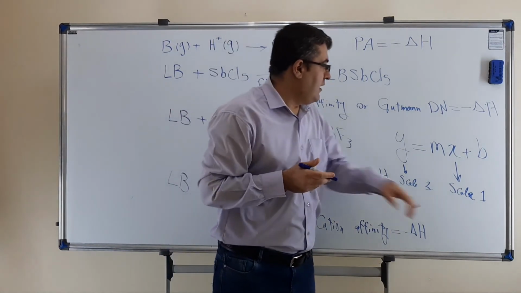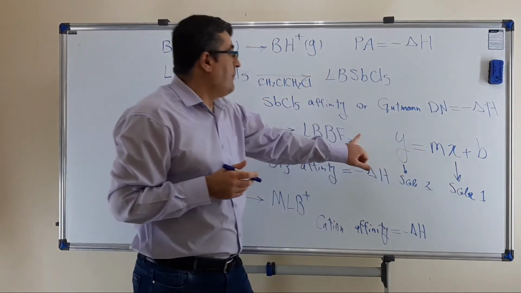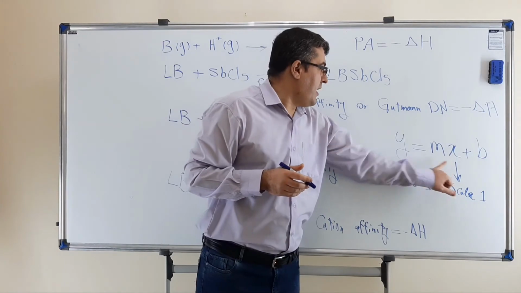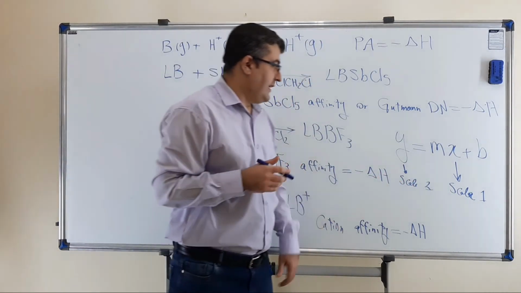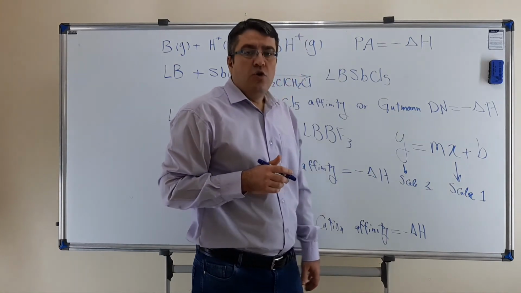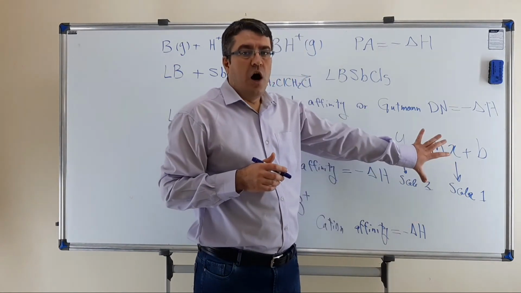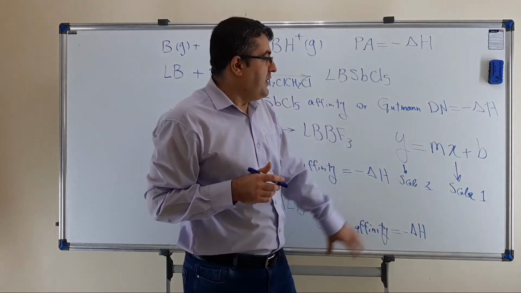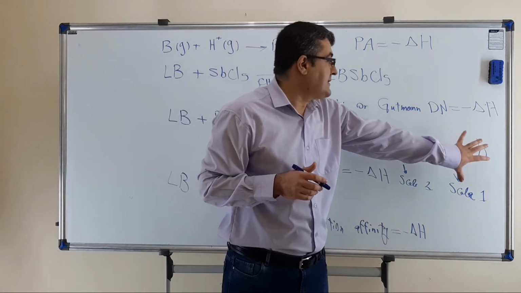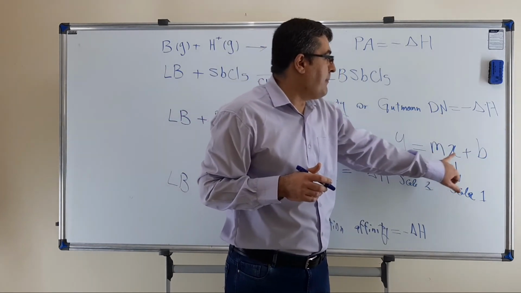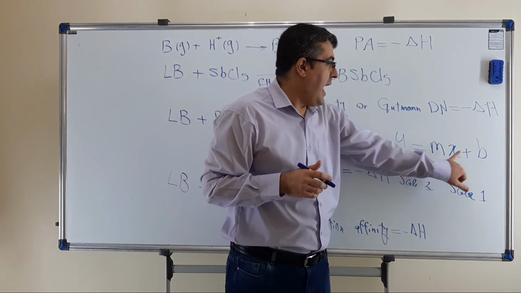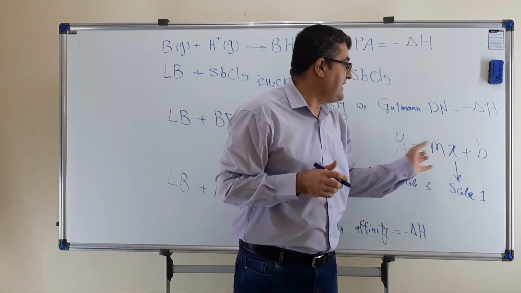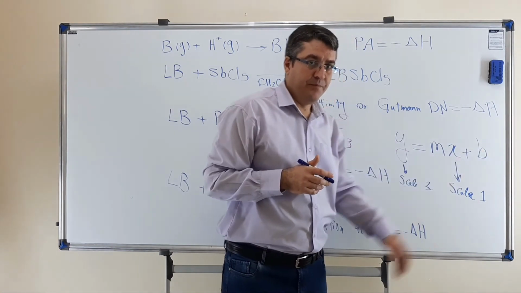For example, x might be the Gutmann donor number, and y might be the boron trifluoride affinity. Using data of tables, we can use statistical methods to obtain m and b, the slope and the intercept of this linear relationship.